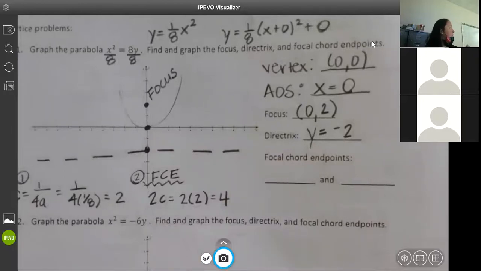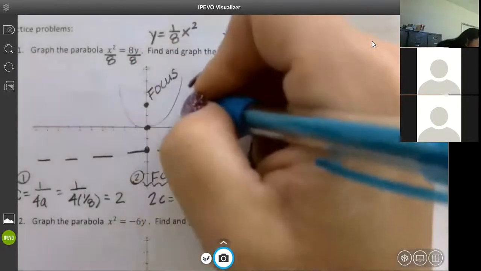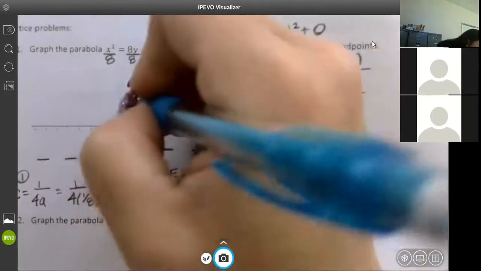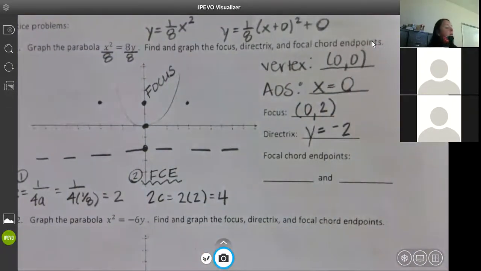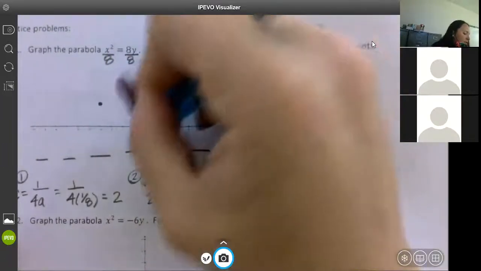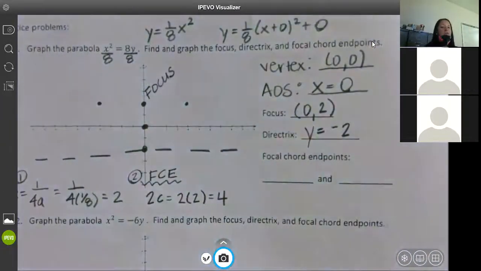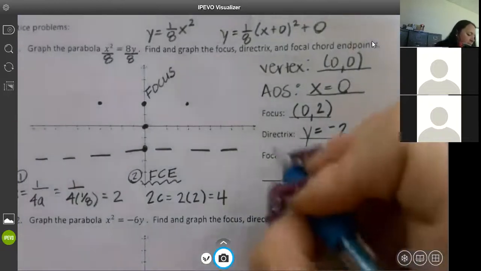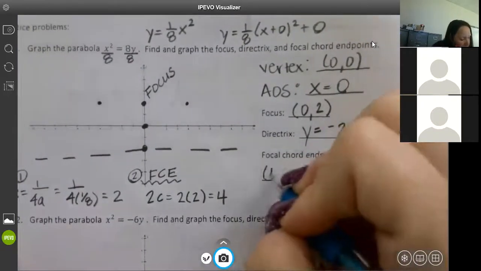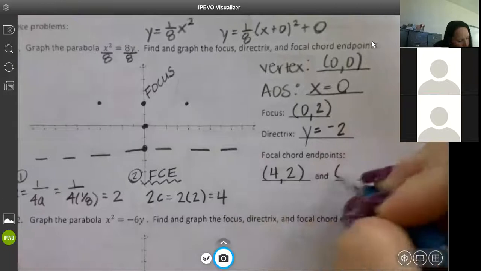So all you do is go to your focus, go 4 units to the right and 4 units to the left. I'm just erasing my sketch. That's why I said don't draw it. So what are those two coordinates? 4, 2. Negative 4, 2.